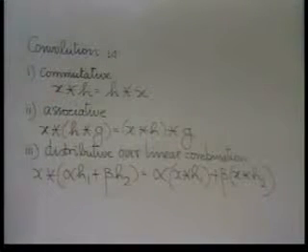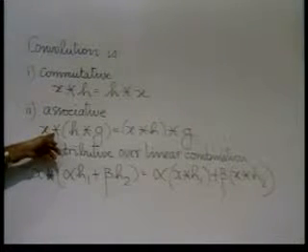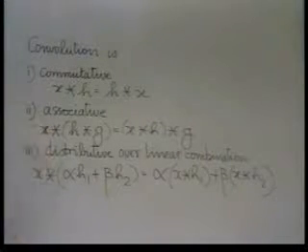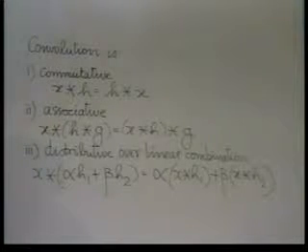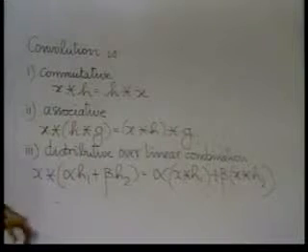Commutativity. Actually, we have interpreted the effect of commutativity after we interpreted that of associativity. We said associativity tells us that if I have a cascade of two LSI systems with impulse responses h and g respectively, then this is the output corresponding to that.